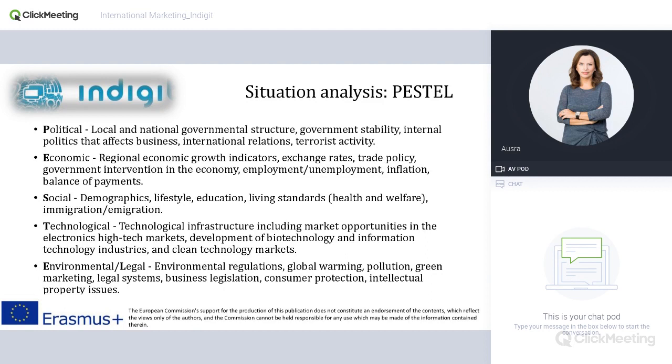In case of environmental and legal analysis, an SME should evaluate environmental regulations in the country, global warming, pollution, green marketing, legal systems, business legislation, consumer protection issues, as well as intellectual property issues.